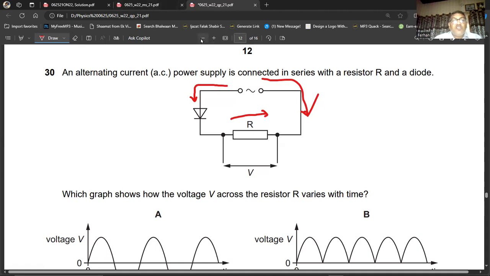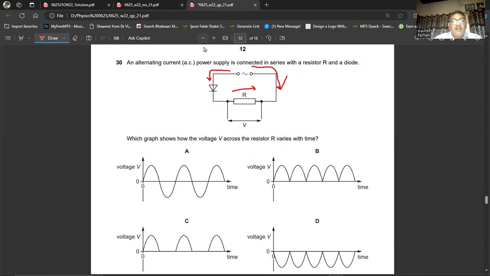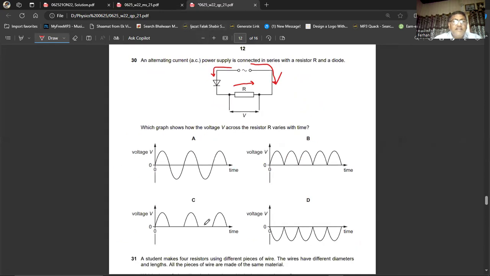So let me see which graph shows this best. Okay, so I think in this one, during the half wave of the alternating current, there is voltage in the R, and during the next half wave of that alternating current, there is no current, there is no voltage, and then again you have a half wave, then no voltage, then again you have.